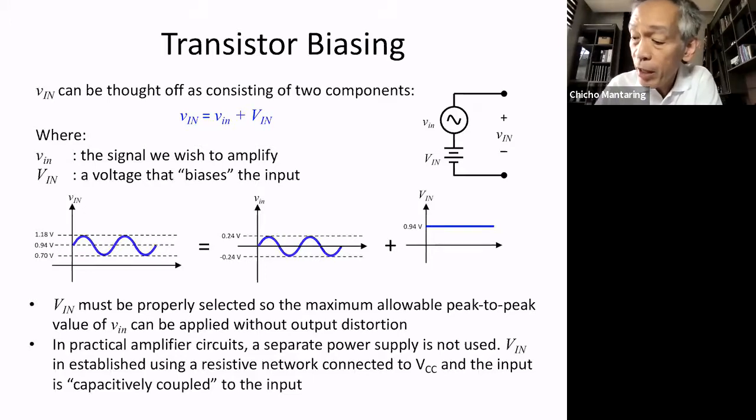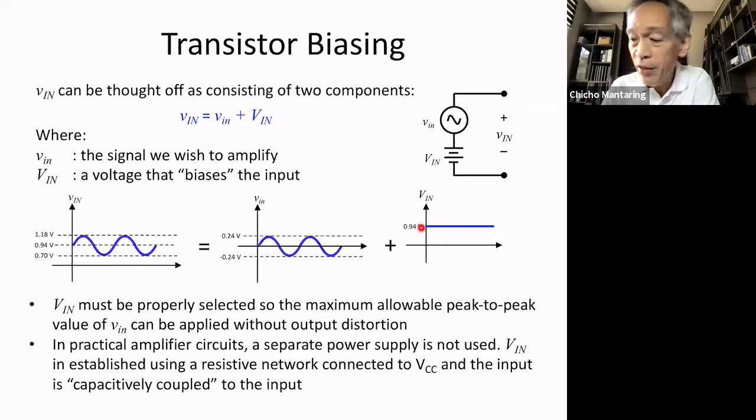Actually, we can consider our input to be the sum of two quantities. This is my input, V in. It's the sum of my actual signal that I want to amplify and a DC quantity. So imagine it this way. This is my input. This is the signal I want to amplify. It has a peak-to-peak value of 0.48, so it goes from plus 0.24 to minus 0.24. And I'm adding a DC value, which is 0.94.